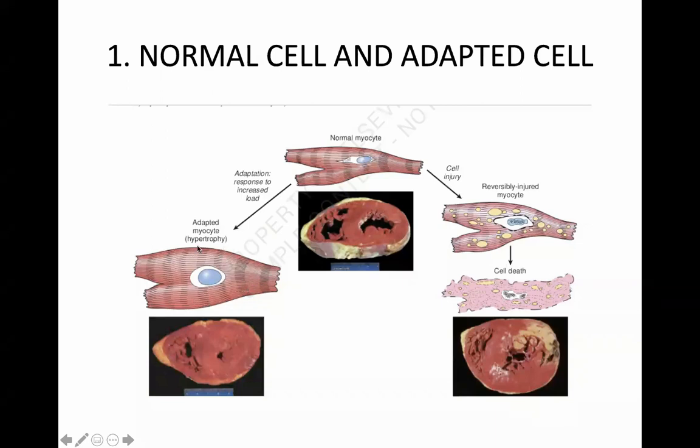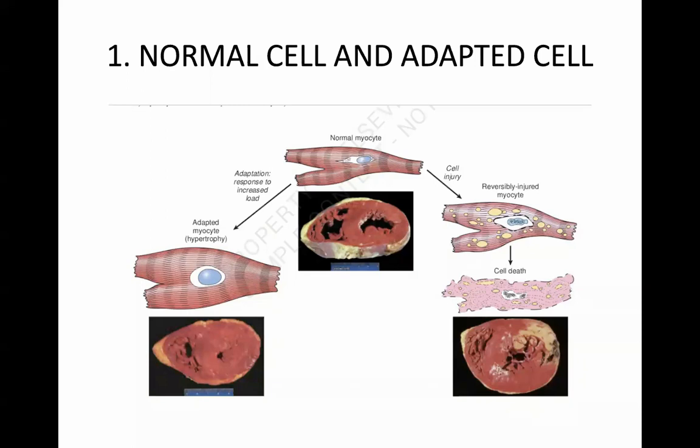This is a case of hypertrophy. The normal myocyte increases in size. What happens here is that the cell organelles, those tiny organs within the cell themselves, increase in number. It increases its protein filaments.